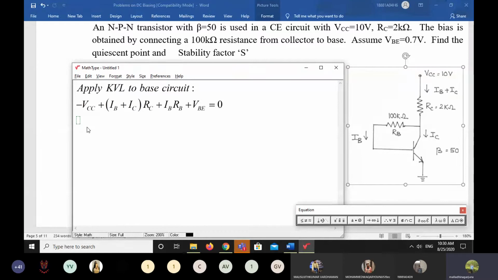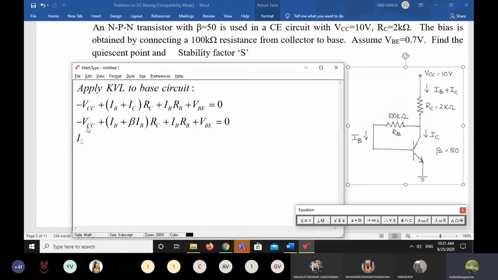From this we need to calculate the IB value. For that, we convert IC in terms of beta times IB, and RC remains the same. IB into RB plus VBE equal to 0.